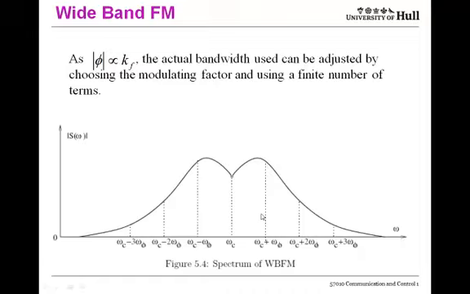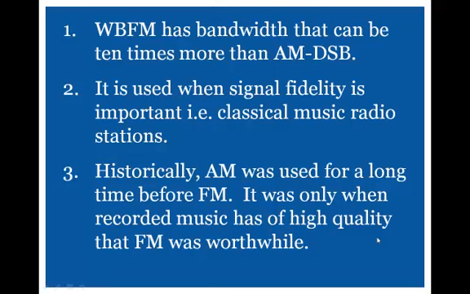You can see that the bandwidth is much wider than the bandwidth of phi, represented by omega phi. But as you get up to 4 or 5 times the bandwidth, the power at these frequencies gets very small, and we can just chop off our sum there and throw the rest away, not bother to calculate them. So wideband FM has bandwidth that can be as much as 10 times more than an AM double sideband signal, but it's still used.